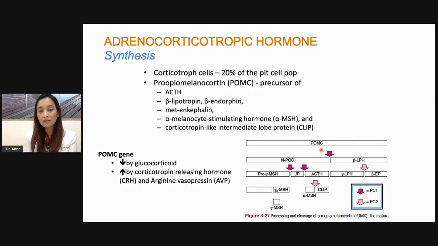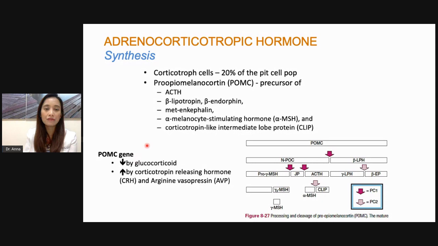As you can see, it is broken down into your N-POC and beta-lipotropin, and then further broken down into several different cleavage products, one of which is adrenocorticotropic hormone.